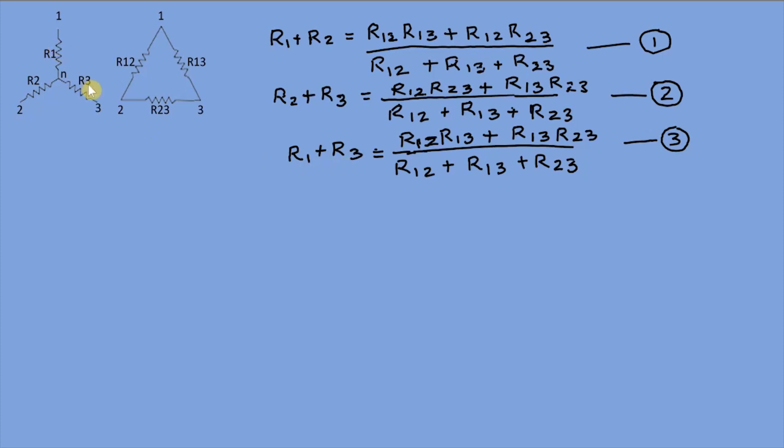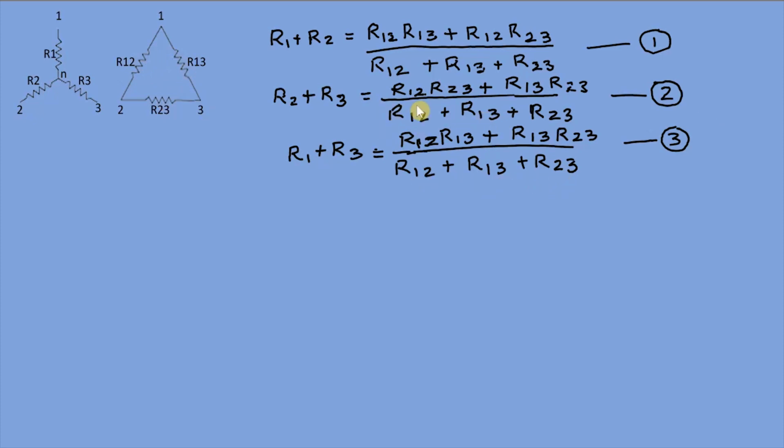Similarly, between nodes 1 and 3, in star connection, R1 plus R3 is equal to R12 R13 plus R13 R23 divided by the sum of three resistors, R12 plus R13 plus R23.